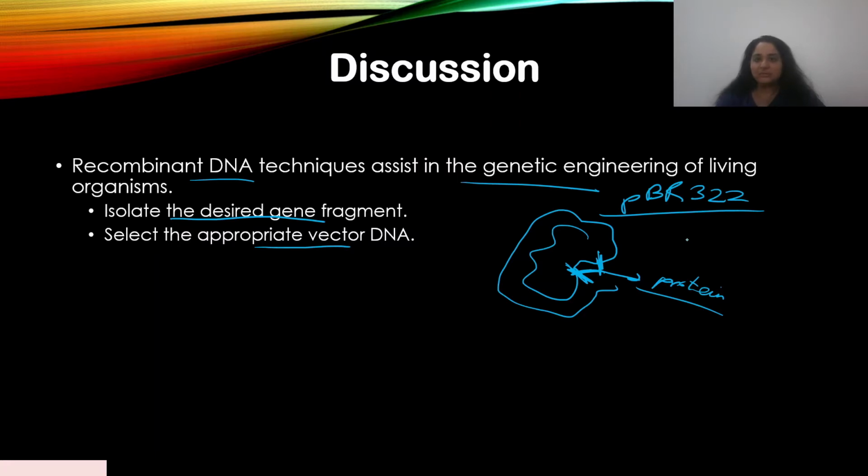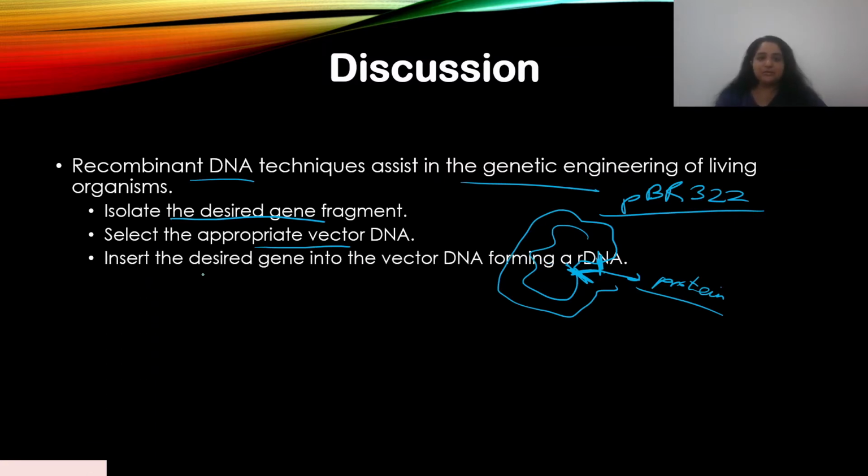Let's assume, because there are different gene fragments, of different lengths. So not all gene fragments can be used in pBR322. You have to find the appropriate vector for that. If there are bigger gene fragments, you can use cosmids or artificial chromosomes. So let's say for this case, this particular gene fragment codes for a particular protein, and we can use the vector pBR322, which is ideal for us.